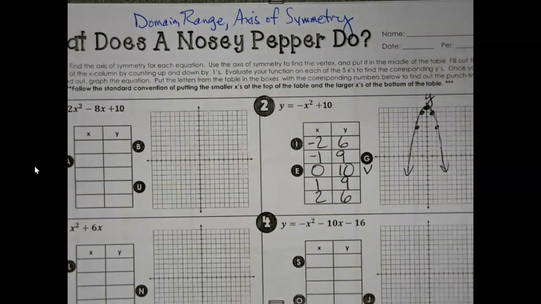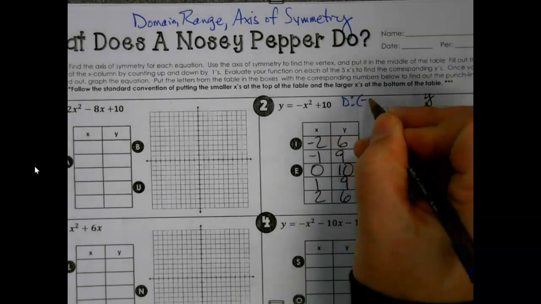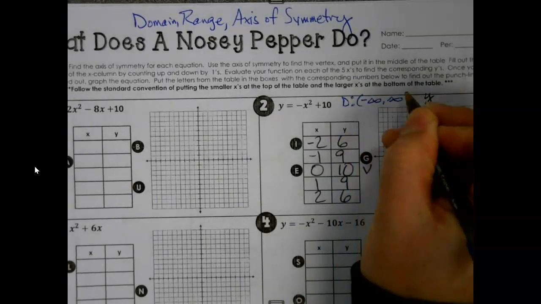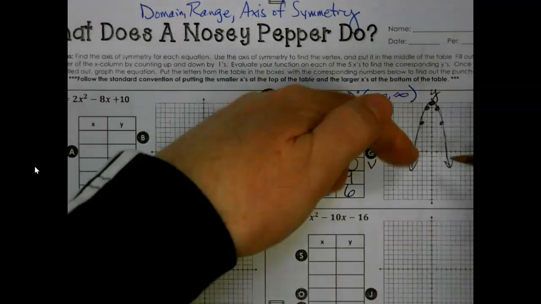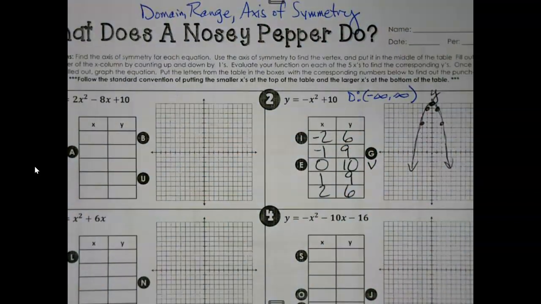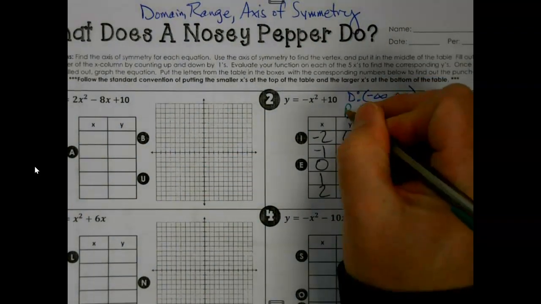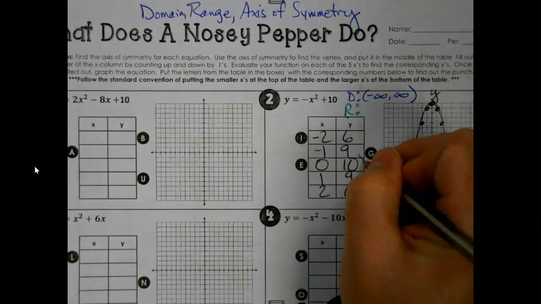And so once we've got those, we are going to still add in the domain. Even though it's opening down, it's still negative to positive infinity because it's still opening wider and wider forever. Range is a little different though. You're like, well, it's not the 10.